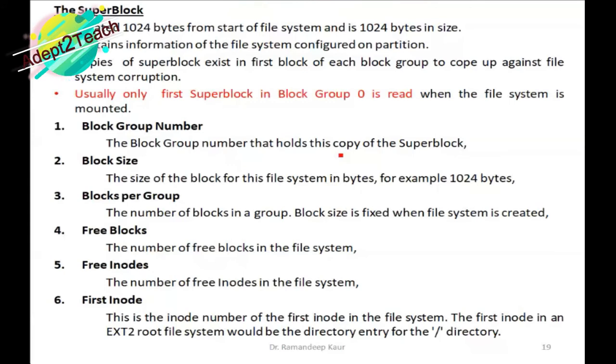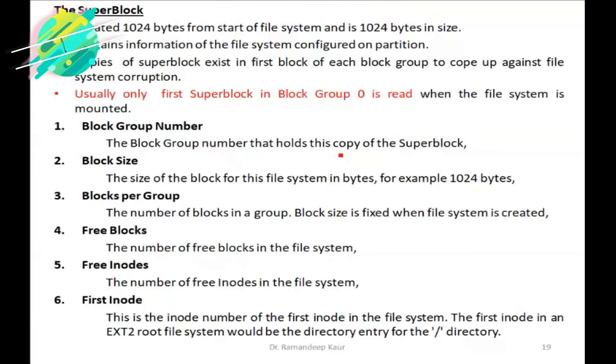This is important. Why? Let's say there was some failure in block group 0, which means now block group 1 is read. If the super block from block group 0 could not be retained, then it has to go to block group 1. Now, whether the super block should be read from block group 1 or not, because the default setting is that only the super block from block group 0, the first block, will be read.